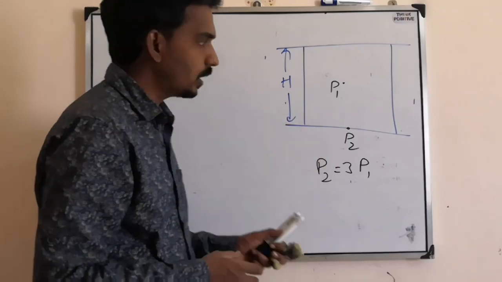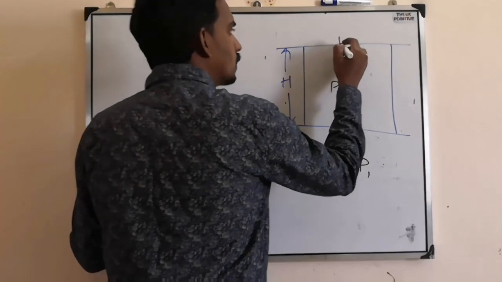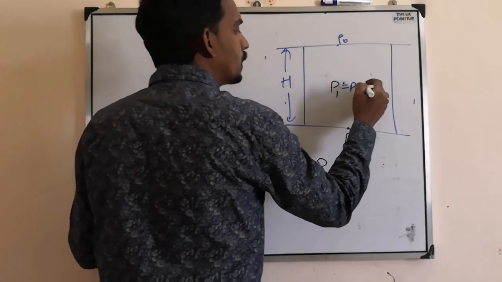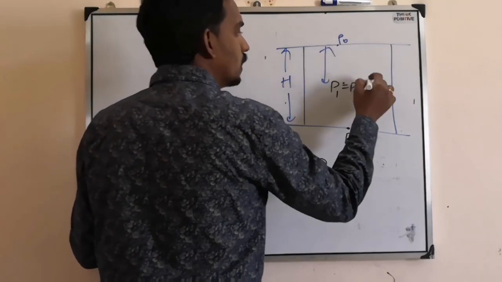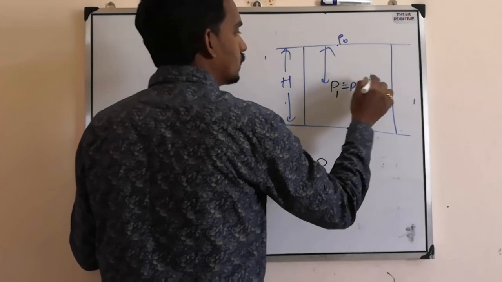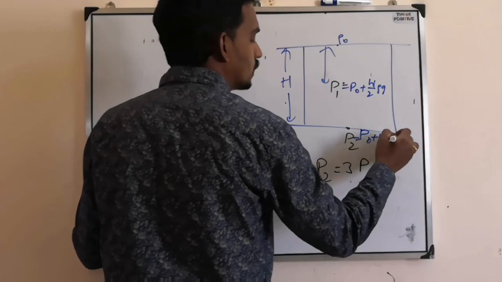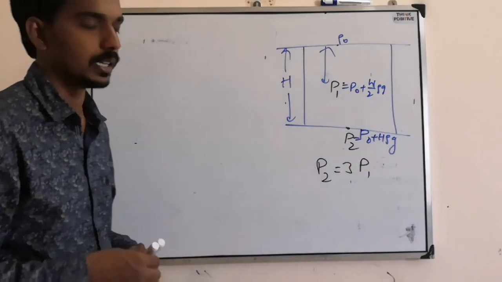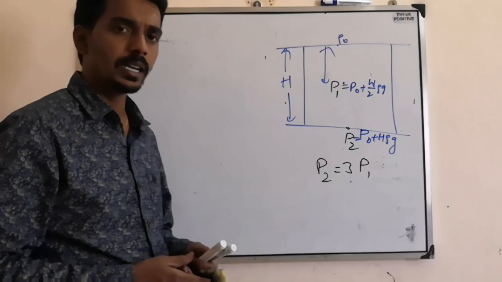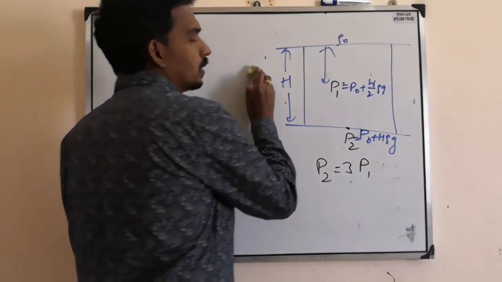So such a condition they will give. Then what you have to do is, here pressure P0, then here it will become P0 plus H by 2 rho g, and here pressure means P0 plus H rho g. Like that you can make the relation. So such kind of relation they will give you.